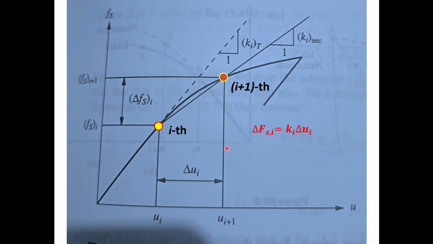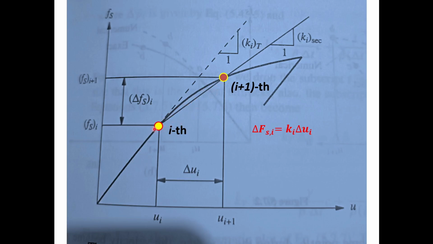Here we are showing two steps. These are the sub steps. From ui to ui plus 1, the difference in the displacement is delta ui and the difference in time is delta t. So you see here the initial tangent line is going in this direction, the initial tangent stiffness ki t, but because of nonlinearity the point has gone here, and if I join this first point and the second point, the slope of this line is the second stiffness.